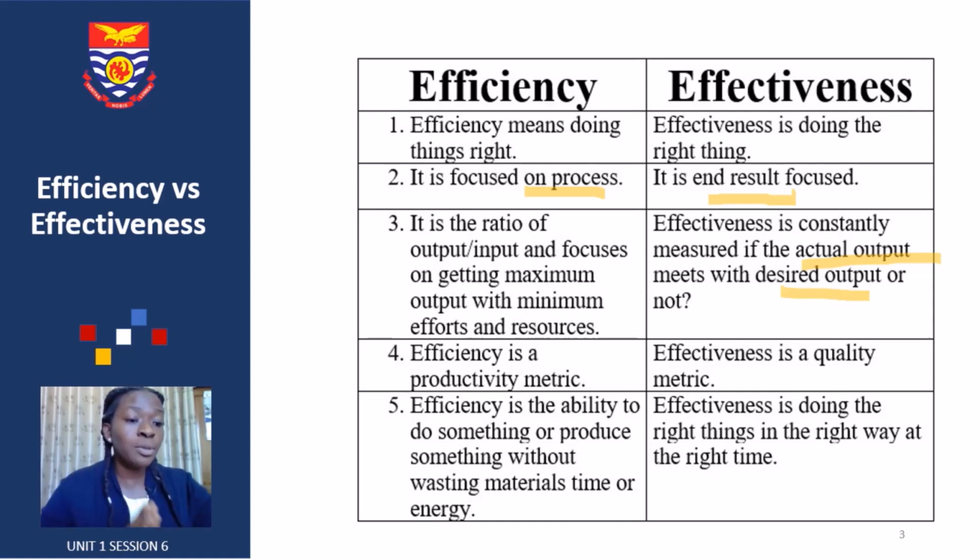If you've not been able to achieve it, you've not been effective. So when we come to efficiency, we're looking out for the ratio of input and output, and it focuses on getting maximum output with the minimum input of resources.